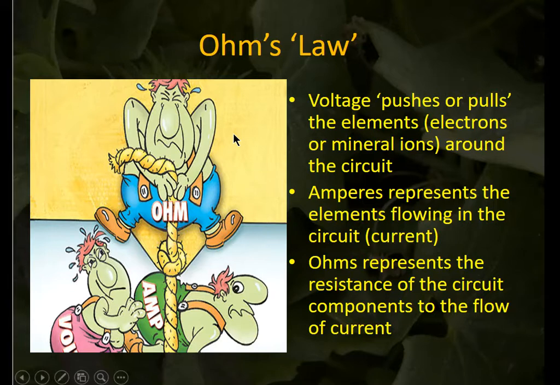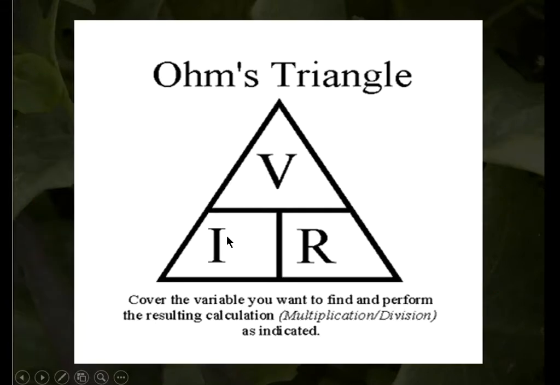So when we want to measure the flow of current, the amount of the voltage differential and the amount of resistance, we have a calculation that we can use called Ohm's law, which measures the voltage pushing or pulling the current through this circuit, and we have resistance trying to resist the flow of that current through this circuit, and this is represented by Ohm's triangle.